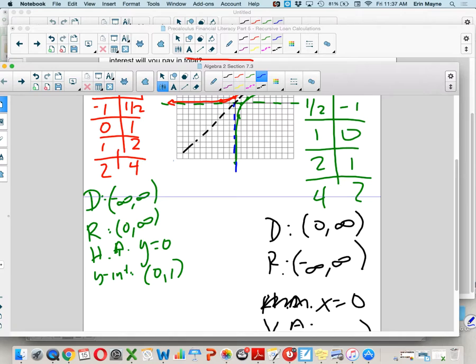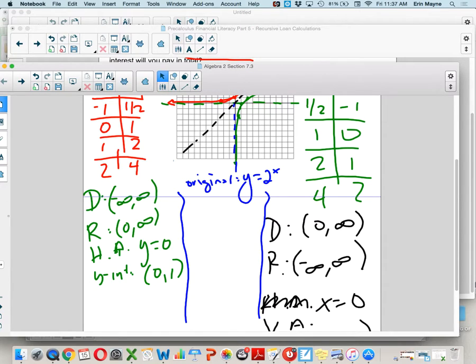If my original, remember we did this a million times, is y equals 2 to the x, how do I find the inverse? What's the rule? Switch the y and x, and then solve for y. So this is where this starts to get super dicey.